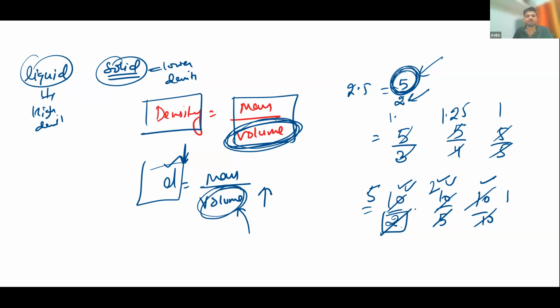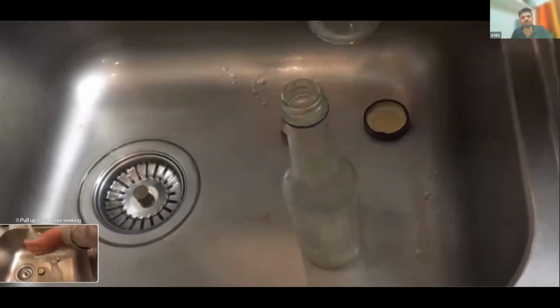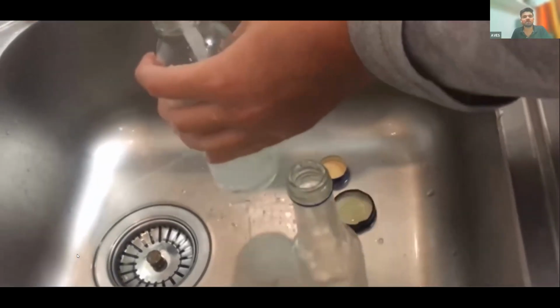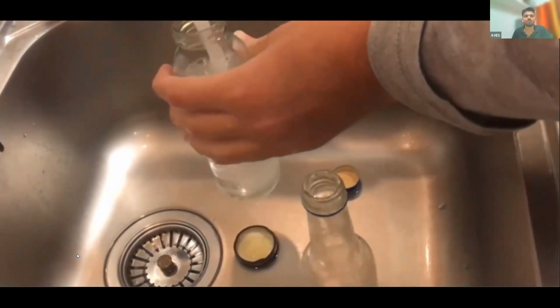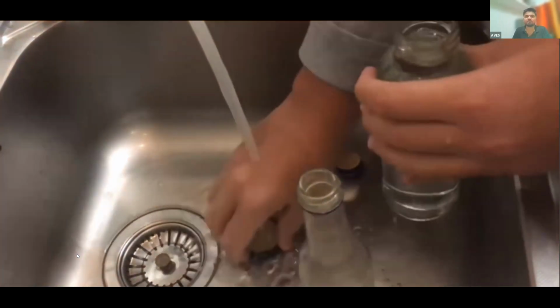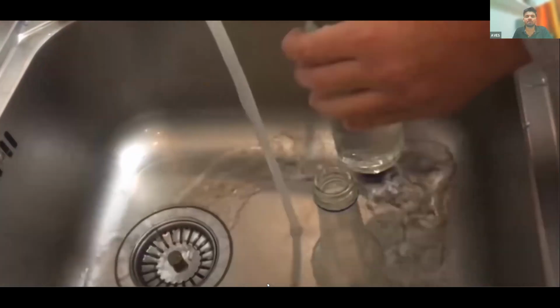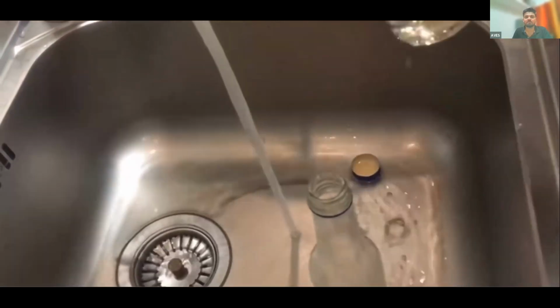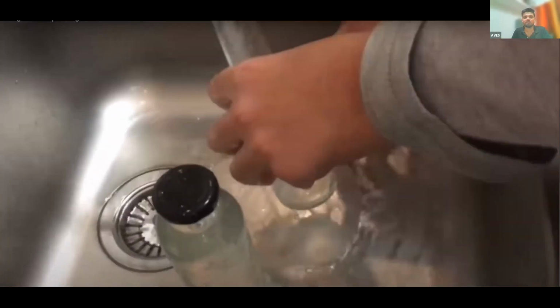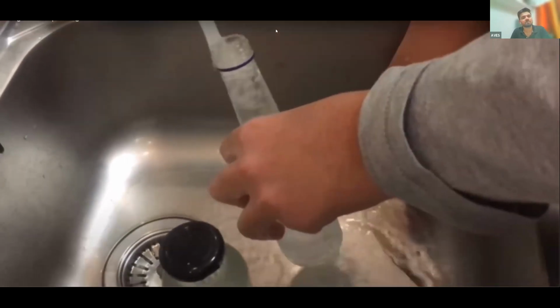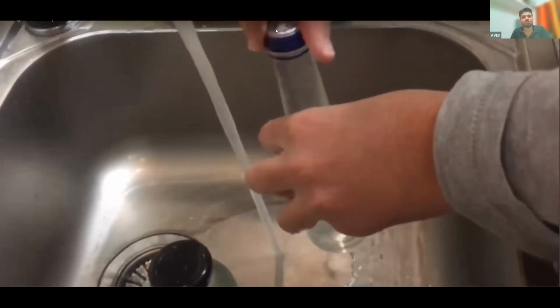So you can check here, dear students, this bottle, we are just filling it with water. This is the bottle, filled up to the brim. You can check, they both are kept.